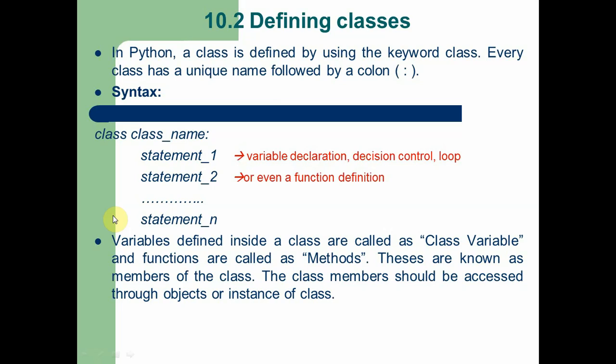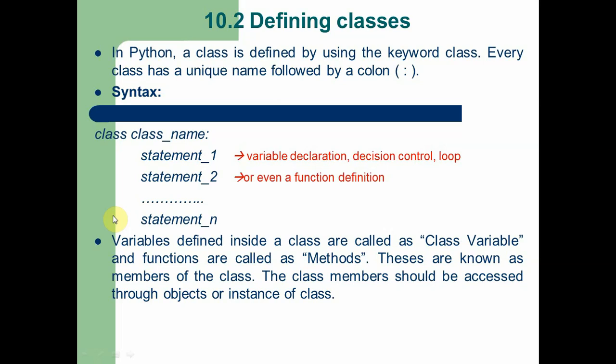In C++ we use curly braces for grouping blocks, but in Python we use tabs for grouping statements in a function as well as in a class. In a class, statements refer to declarations of variables, decision or control statements, loop statements, and even function definitions can be used inside the class.